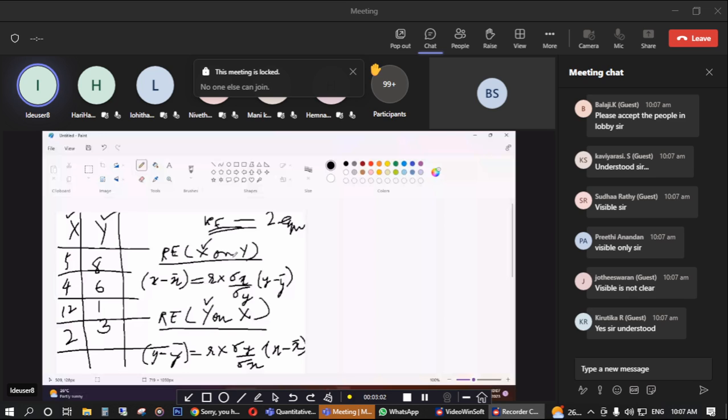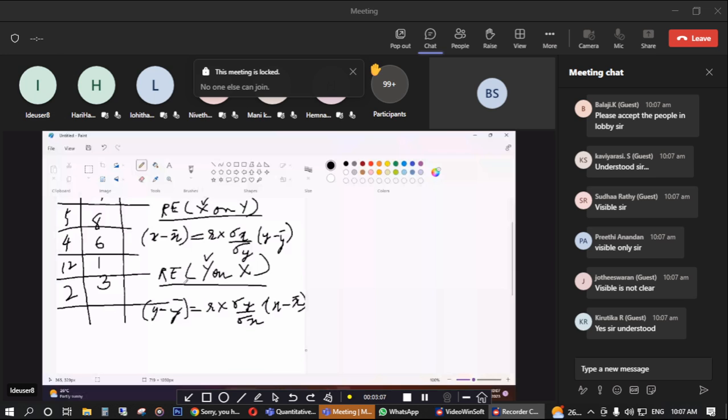Next, regression equation of y on x. It is starting with y, so you have to start with y. y minus y bar is equal to r into sigma y by sigma x into x minus x bar. Are you understanding? Yes, understood.